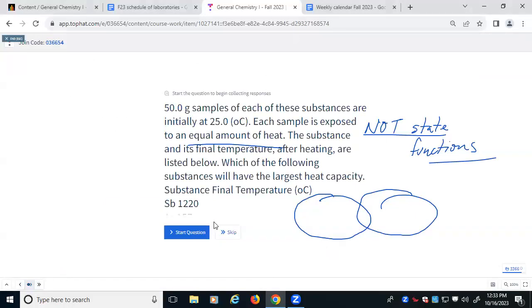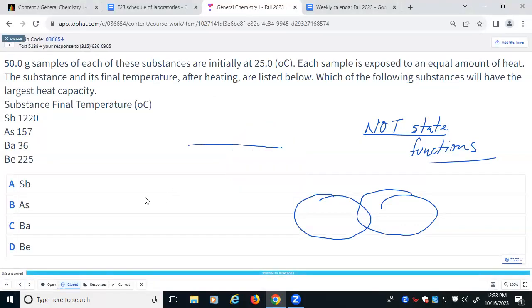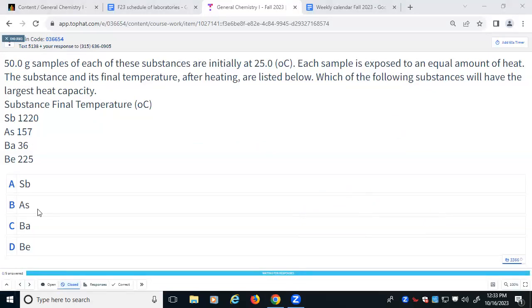All right, before we get into the main point of today, let's do a practice problem here and just see if we understood the first concept.